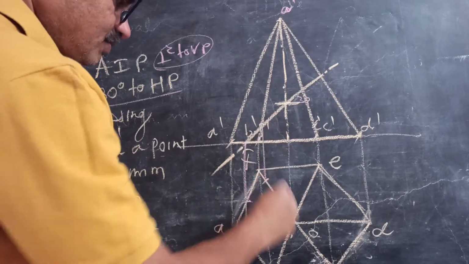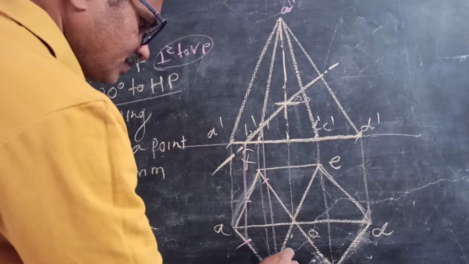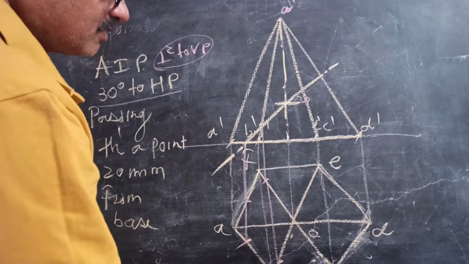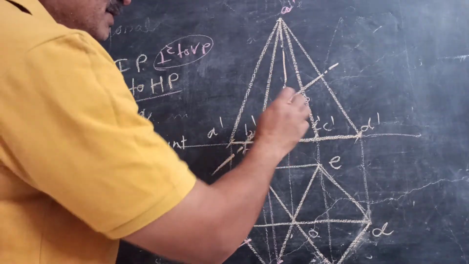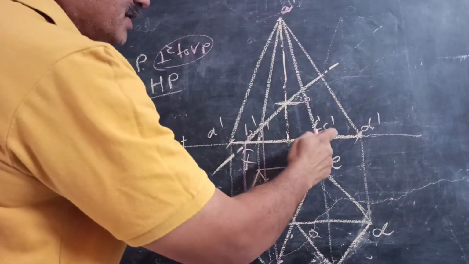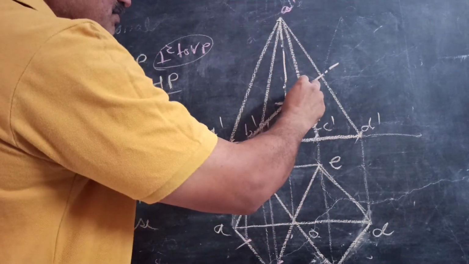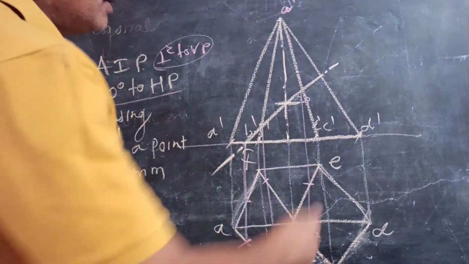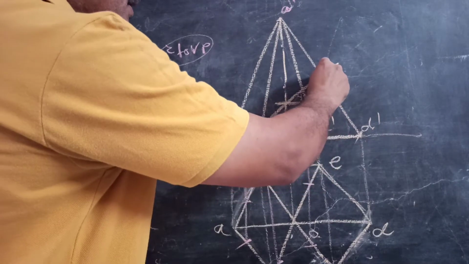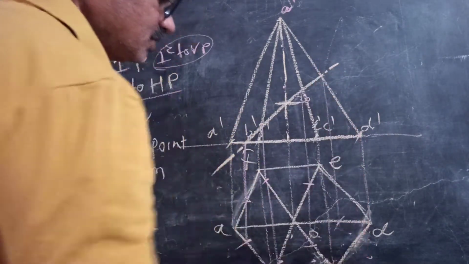This is F, OF, and this is OB. Then the axis, you can leave that because it is an imaginary line. Here it is AE and AC, so this can be projected directly. Here it is OD, so this can be projected.